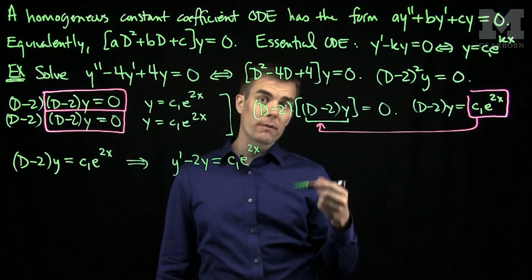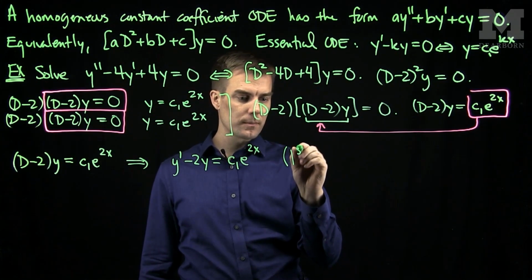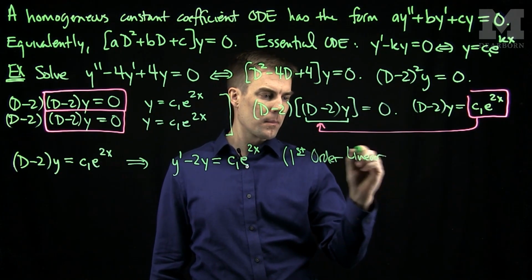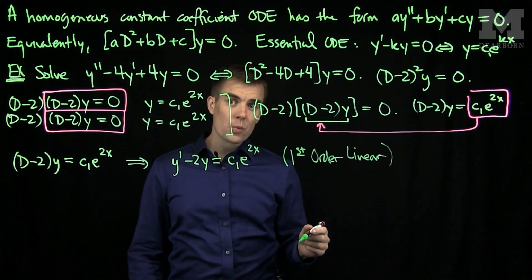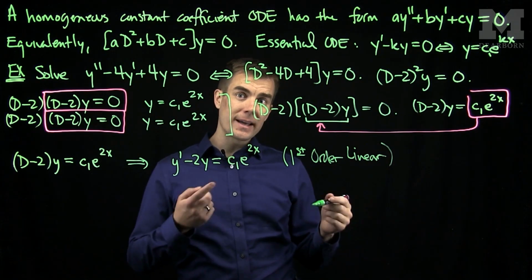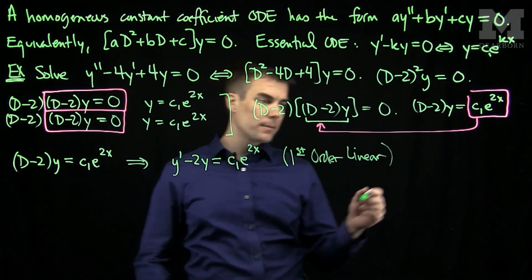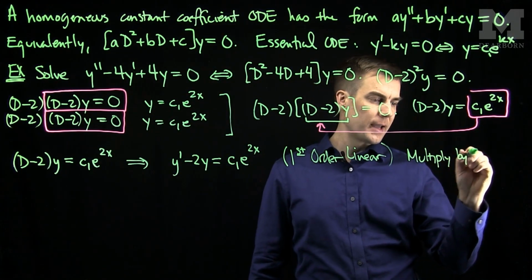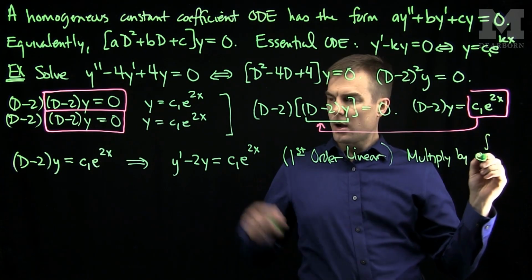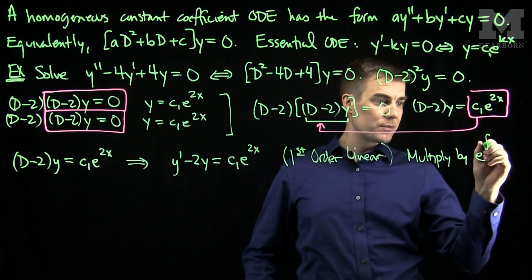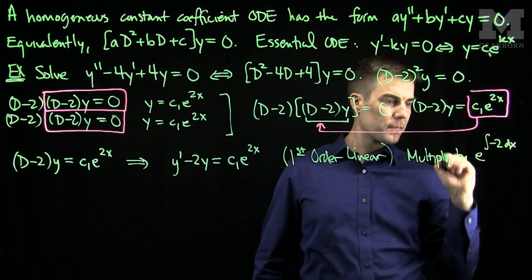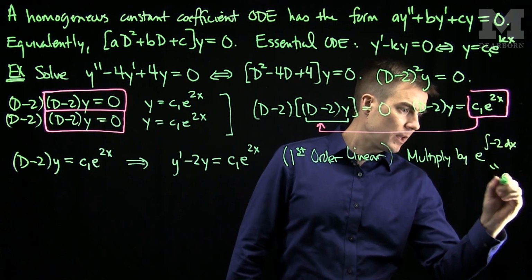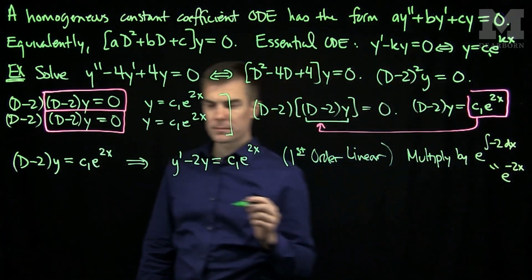This equation is now a first-order linear equation, which means we can solve it by multiplying both sides by e to the integral of the coefficient of y, which in this case is negative 2. So, this will turn into e to the negative 2x.